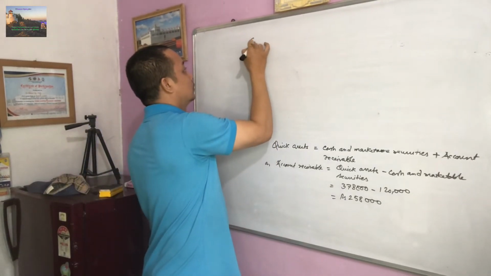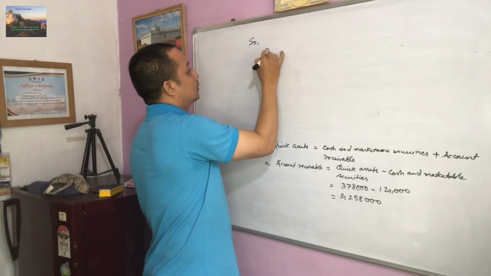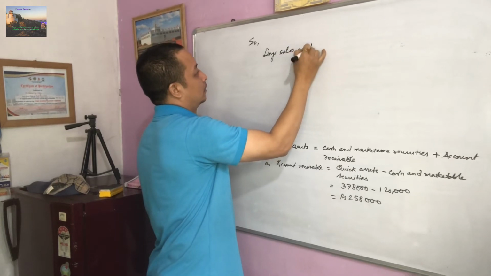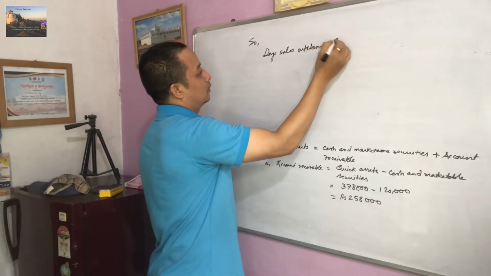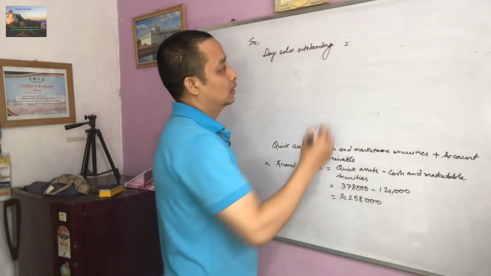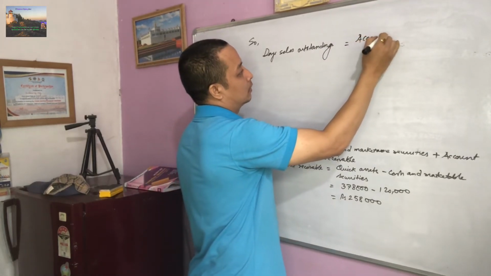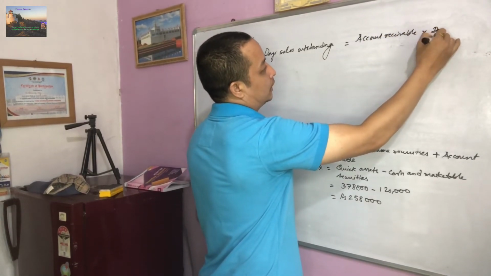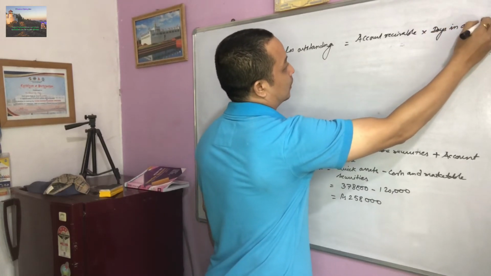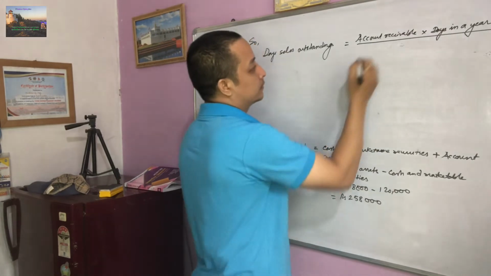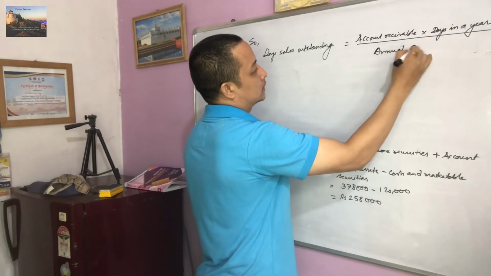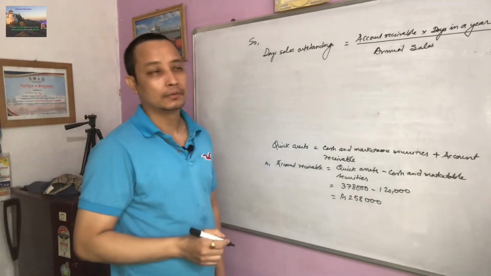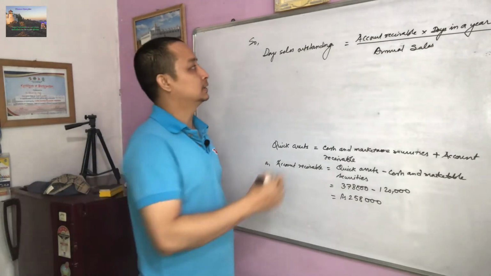So now days sales outstanding equal to account receivable into days in a year divided by annual sales. So after finding account receivable, now you can find the value of annual sales using days sales outstanding.